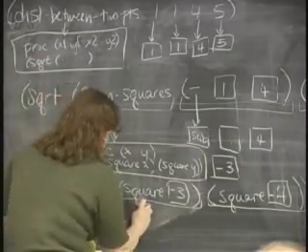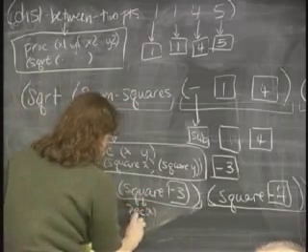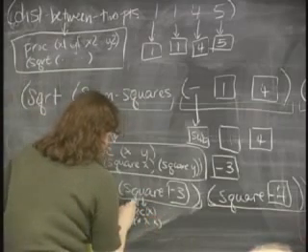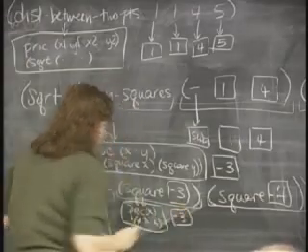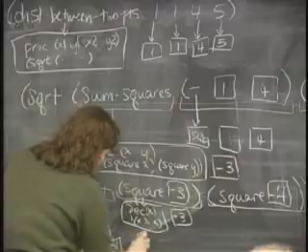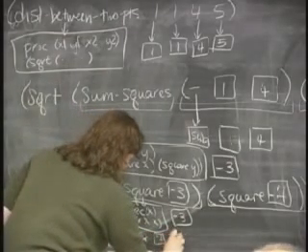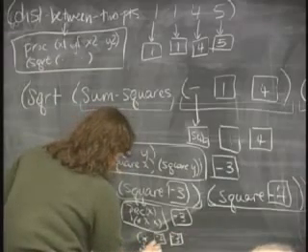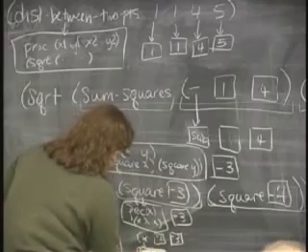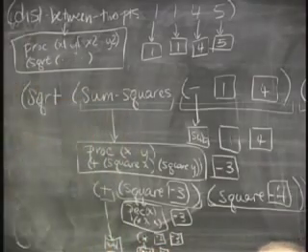Okay, so square is a procedure, takes one argument, multiplies it by itself, giving us minus 3 times minus 3, which goes to multiply, and this gives us 9.